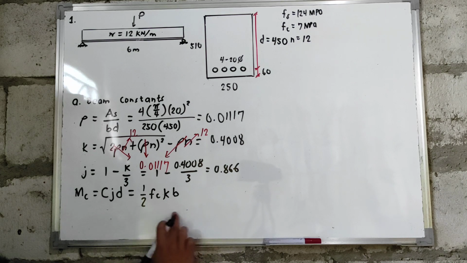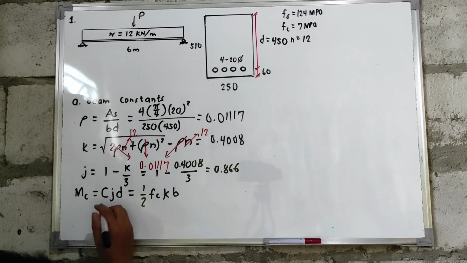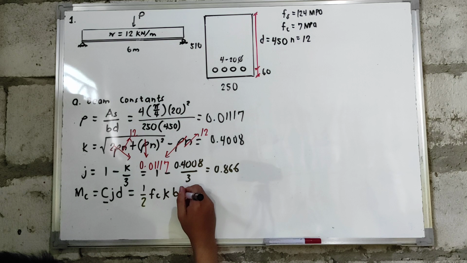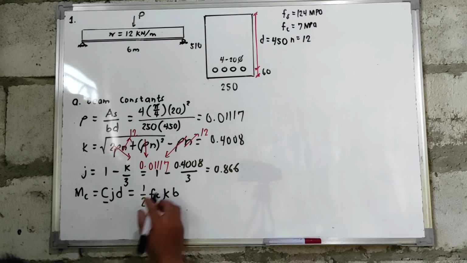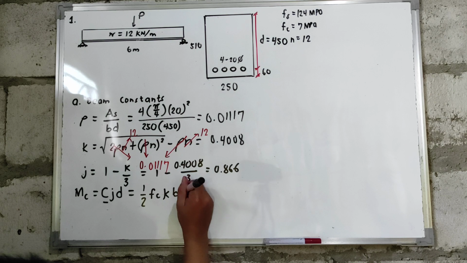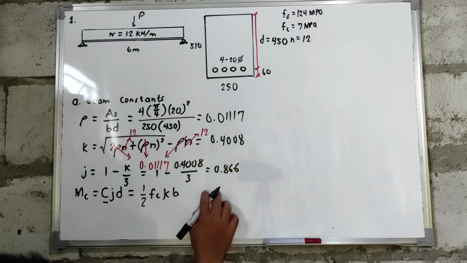So usually, ito yung formula natin sa pagkuha natin sa C. And lalagay natin yung meron pa tayong ditong d, tama? 1/2 fckbd.